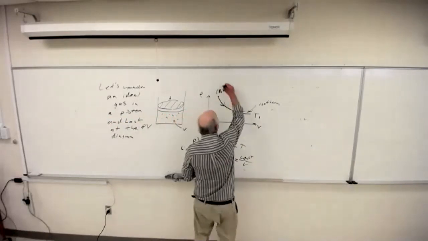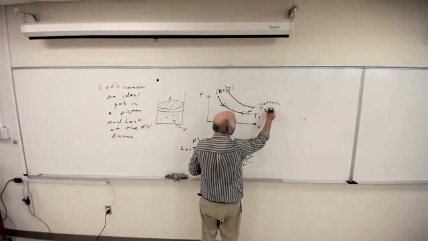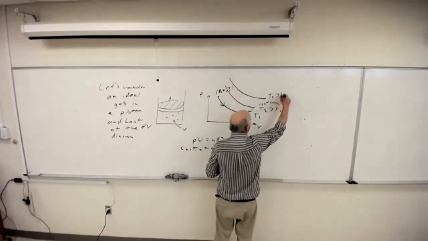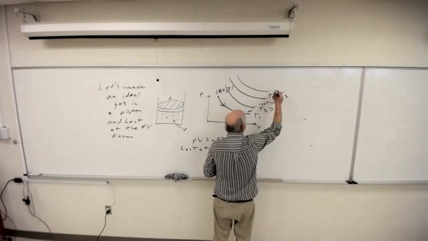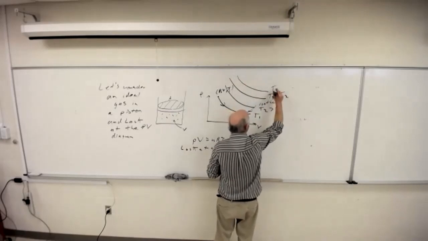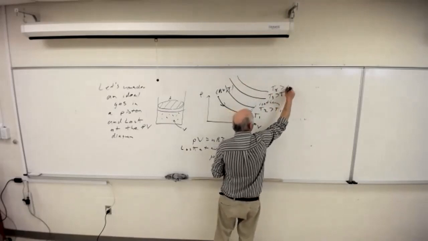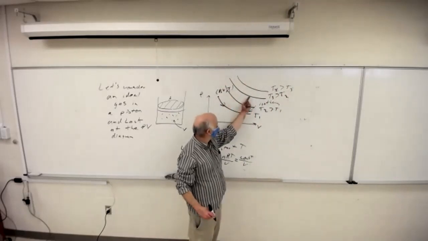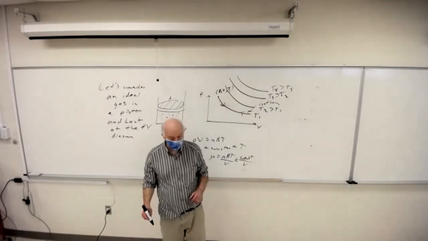Okay. So you're going to have something like this. So this would be some temperature T2, where T2 is greater than T1. Give me another isotherm. So this would be T3, greater than T2, and so on and so forth. So this all has T1, this all has T2, this all has T3, this all has T4.